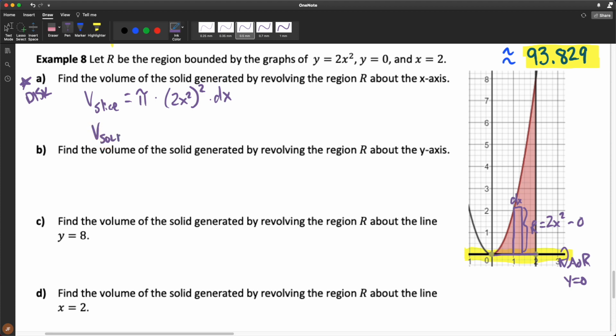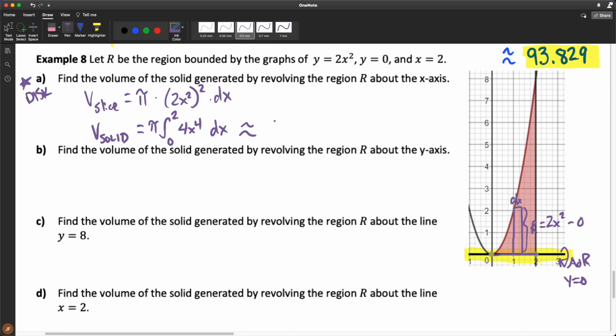So the volume of our whole solid, again using the disk method, is our integral. Our pi is out front. Our interval is from 0 to 2. And if we square that, we get 4x to the 4th.